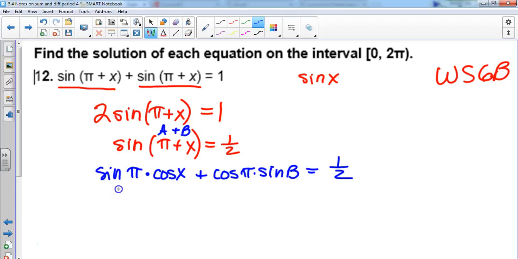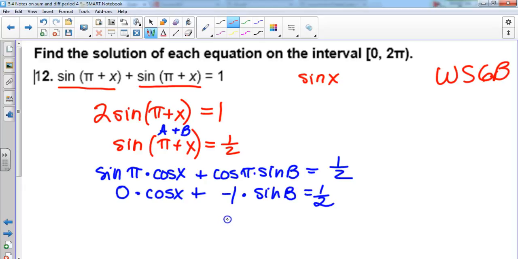Sine of pi is 0. Cosine of pi is -1. So what does all that simplify down to? Oh, yeah, what happened?